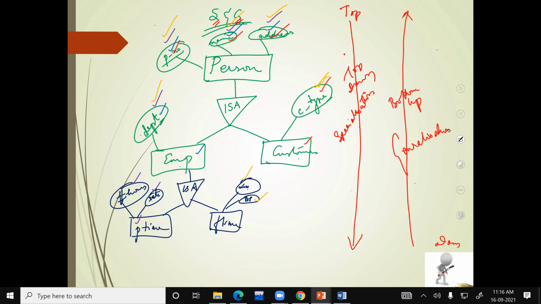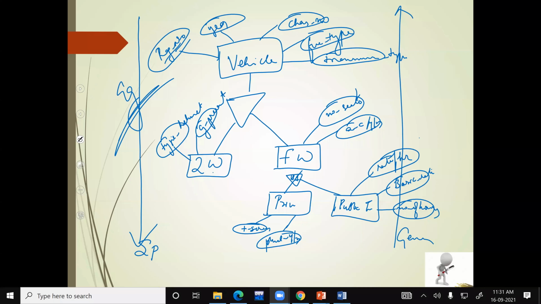Employee and customer, they are generalized under an umbrella called person. All the knowledge engineering, all the programming, and all the information security, all of them are grouped or generalized into the MCA. So that is what we mean by specialization and generalization. Specialization is the top-down approach and generalization is the bottom-up.